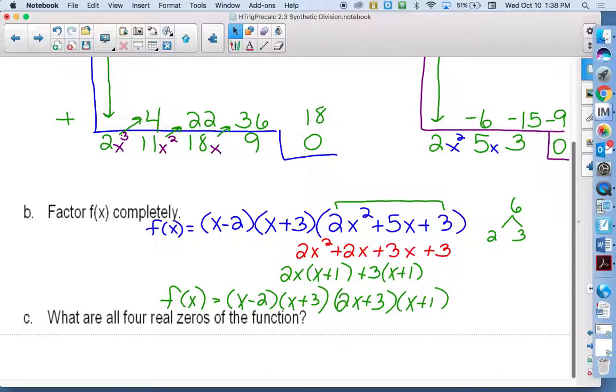Completely factored means the problem should be broken down as far as it can go. In this case, they're all linear, because something that's linear cannot be broken down any further. Something that's quadratic can be, because we can factor it, or we can use the quadratic formula to break it down. So the final part here says, what are the 4 real zeros?